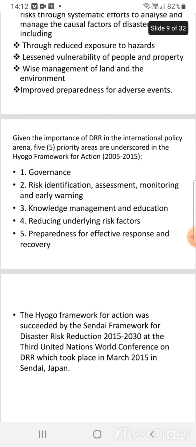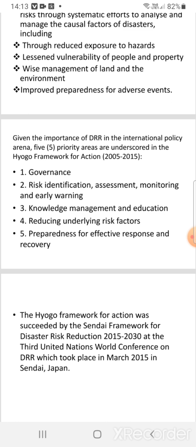Now, given the importance of DRR in the international policy arena, five priority areas are underscored in the Hyogo Framework for Action for the years 2005 to 2015.